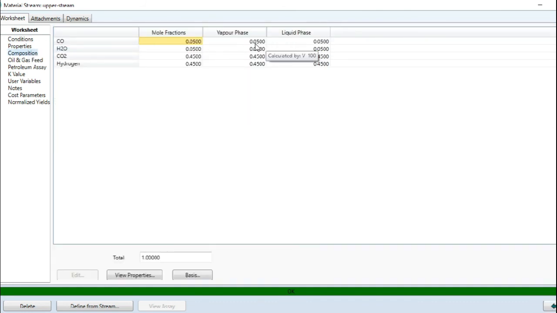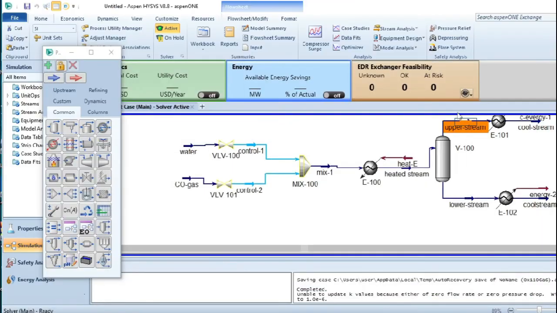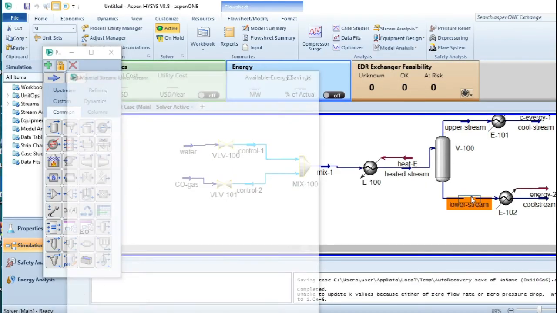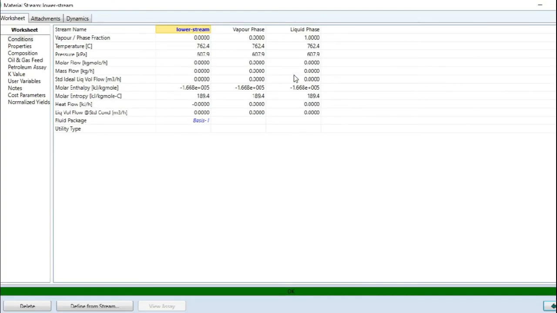I have carbon monoxide 0.05, water 0.05, carbon dioxide 0.45, hydrogen gas 0.45. So let's check the lower stream composition.